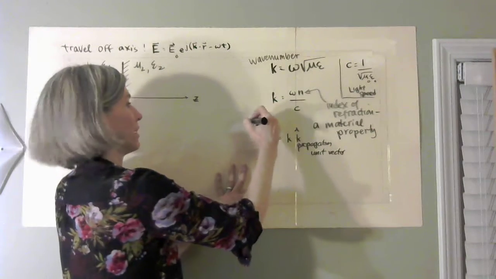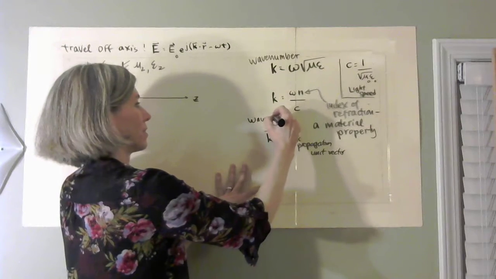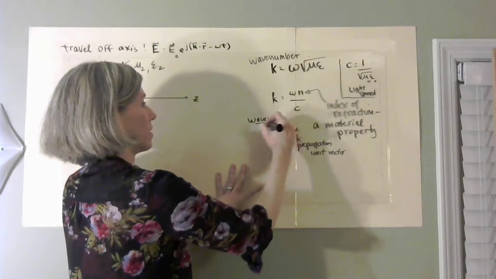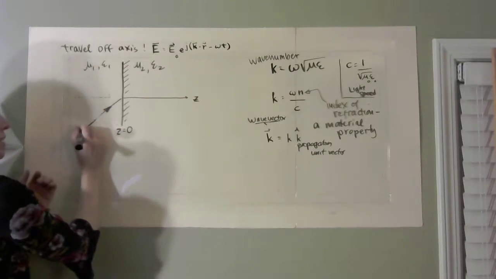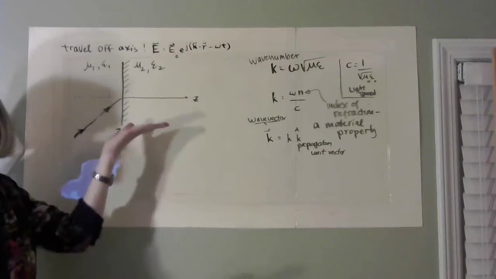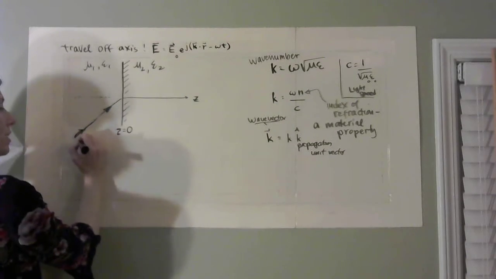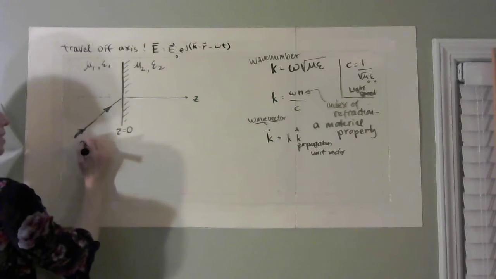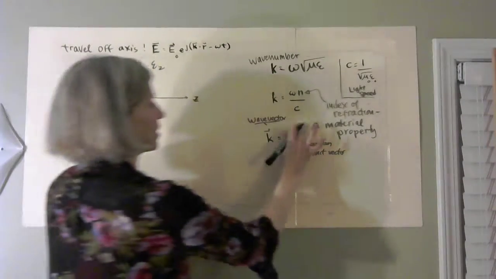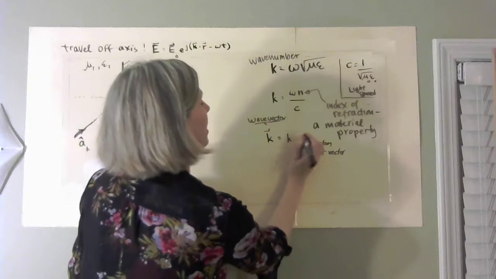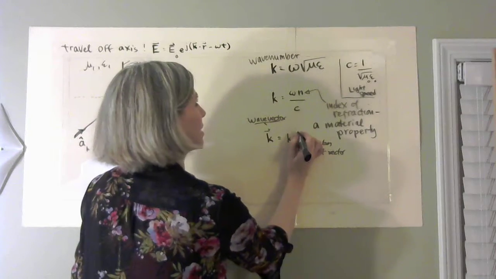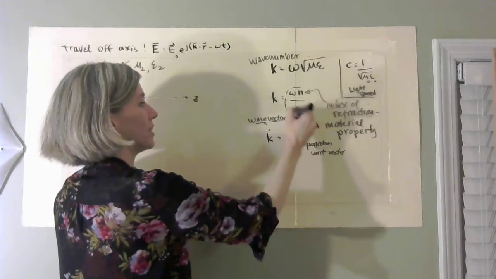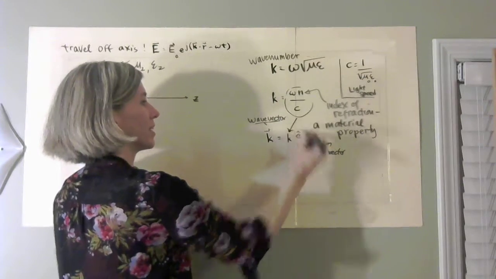So now it's called a wave vector. And it's wave number times a unit vector along this direction. Okay. And I think in the book they call it a sub k. We'll do that. A sub k. Just to disambiguate. Okay, so this thing comes in here, and it's this magnitude of this thing.